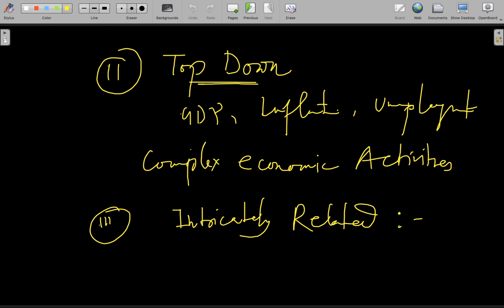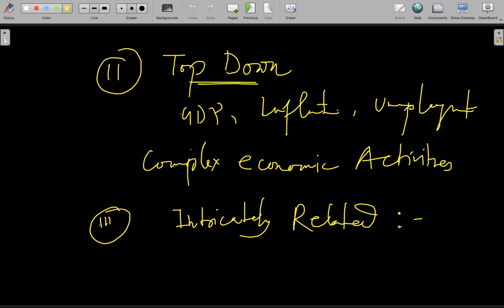Similarly, micro is also influenced by macro. For example, we can think about decision making in a household and things which exist at a macro level. A household may decide how much to consume, right? That is actually dependent on the decision of the household on how much to save.